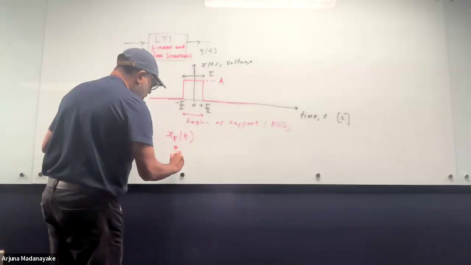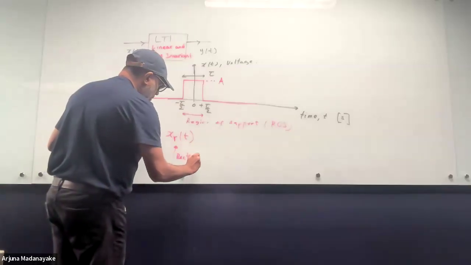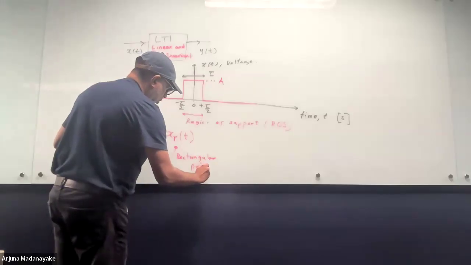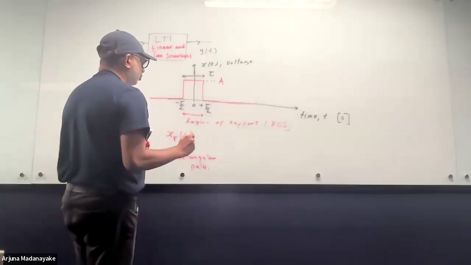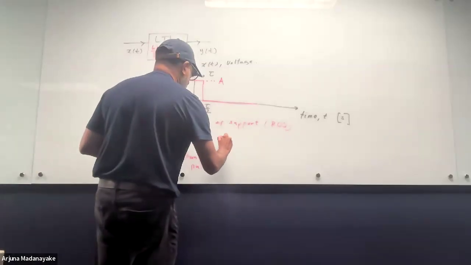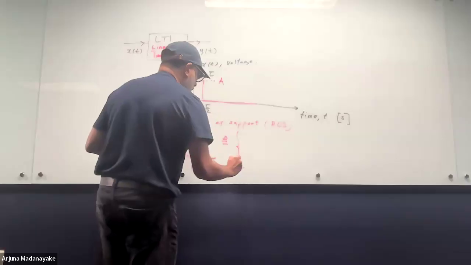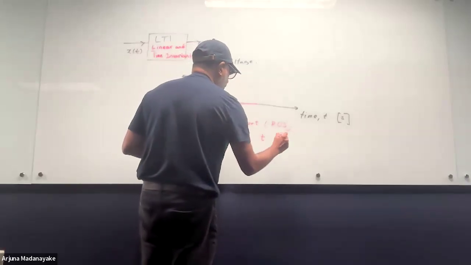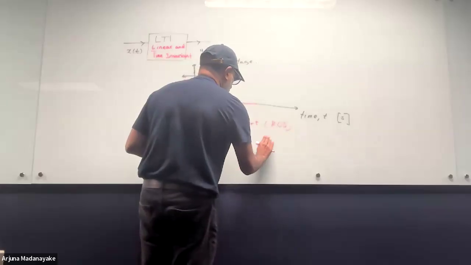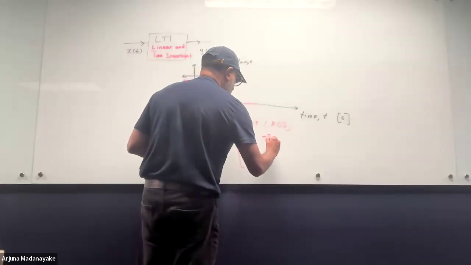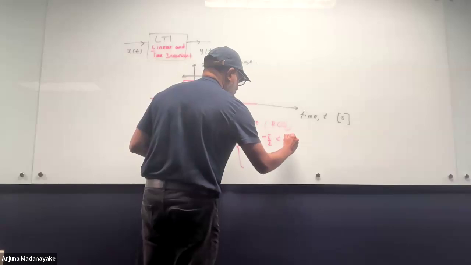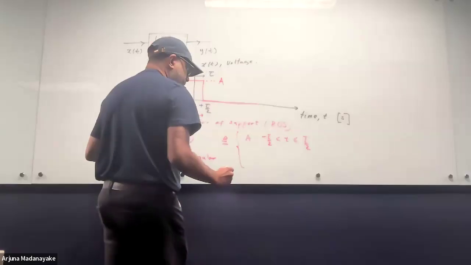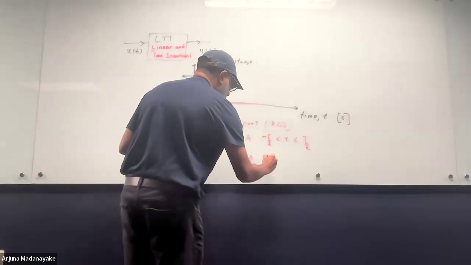R is for rectangular pulse. The rectangular pulse is defined as equal to A for t from minus tau by 2 to plus tau by 2, and 0 otherwise.